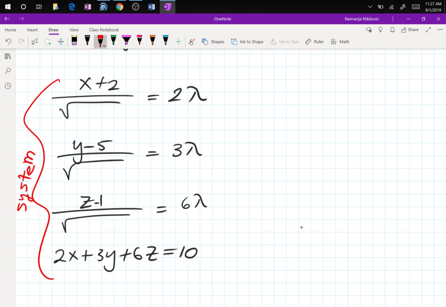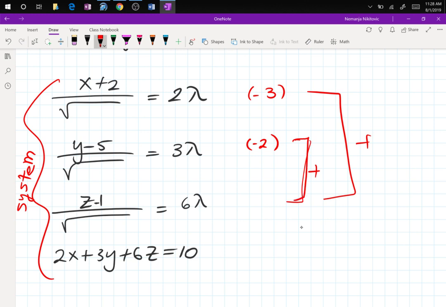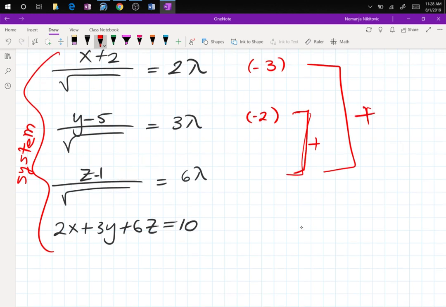So we can start by eliminating lambda by multiplying the top equation by -3, the second equation by -2, and then adding each one. That would eliminate all lambdas.